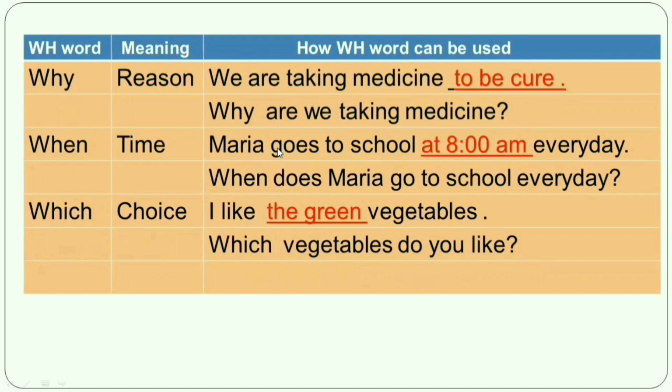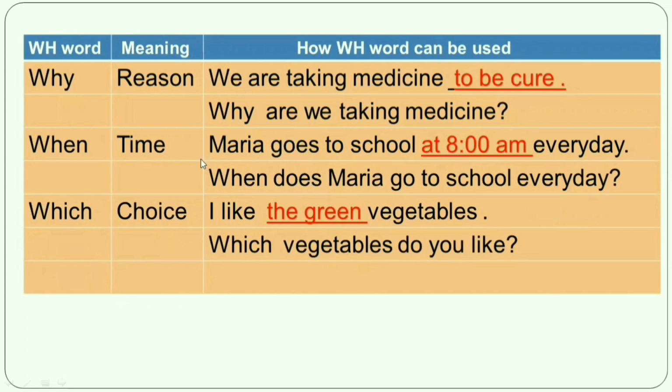Then next one, Maria goes to school at 8 a.m. every day. So look at the underlined word. Yes, "at 8 a.m." So it indicates the time. So the WH word will be "when". Yes, right here "when". And find out, is there any auxiliary verb? No auxiliary verb. So you have to take do, does, did. As there is "es" added with the main verb, you have to take the auxiliary verb "does".